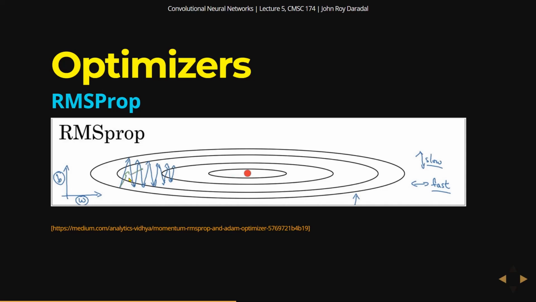So you could allow a higher learning rate to jump horizontally, because horizontal means that you are updating the weights by a lot. So RMSprop will adaptively adjust the learning rate for you depending on the computation.